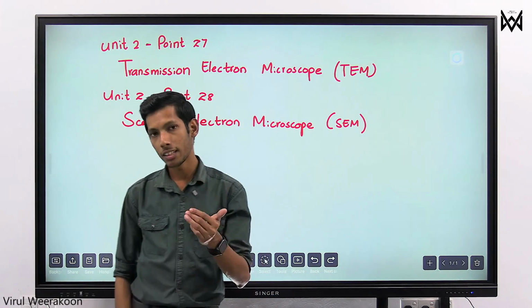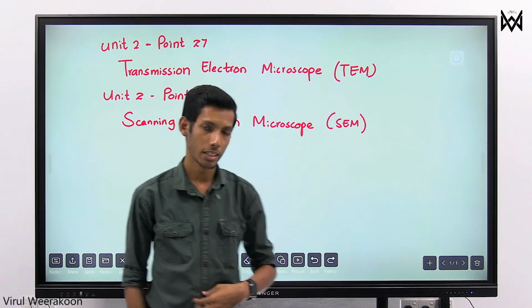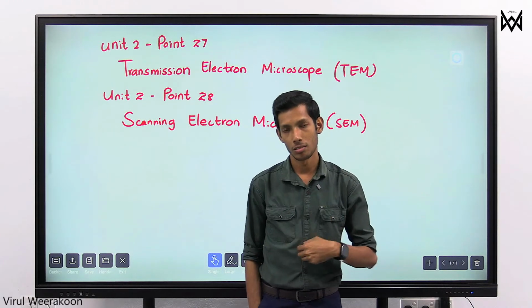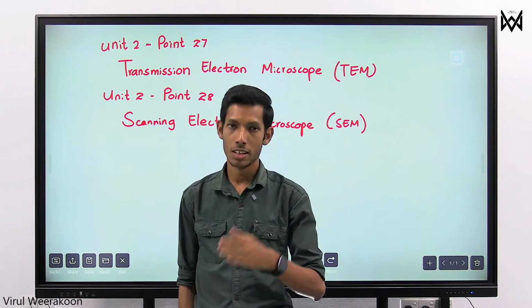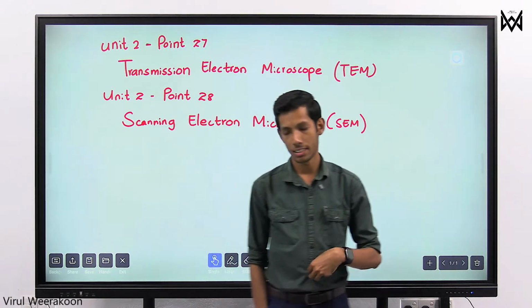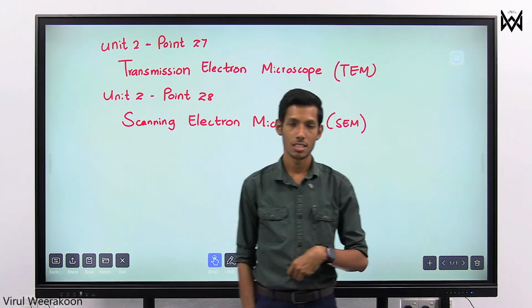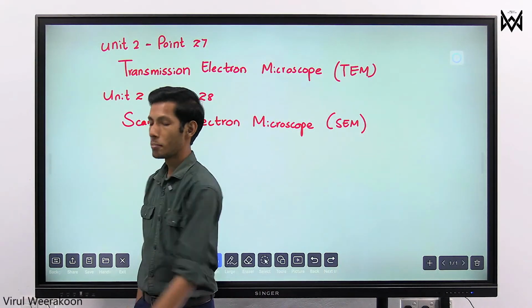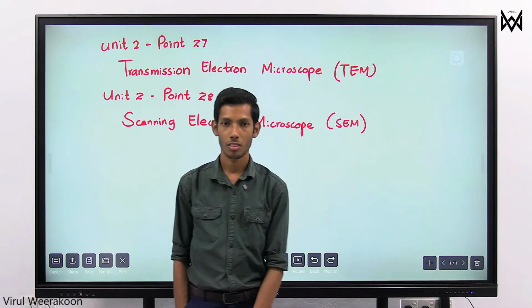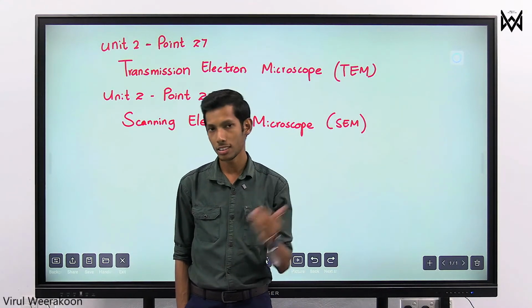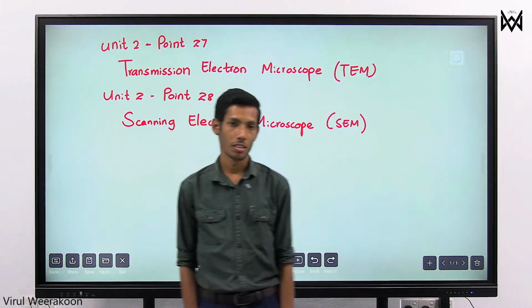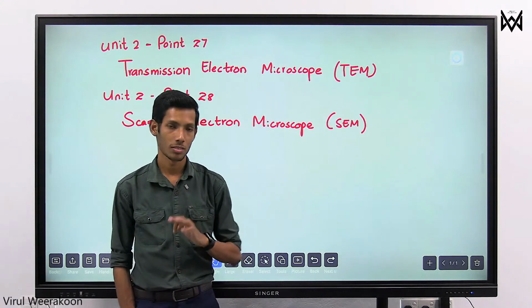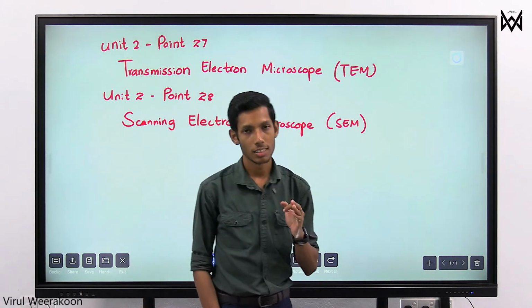Write down, here the specimen scatters many electrons, whereas others are absorbed.